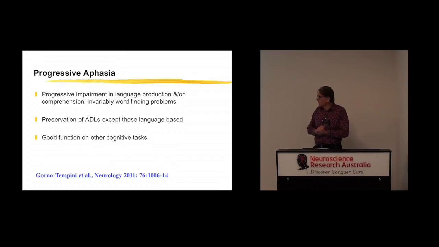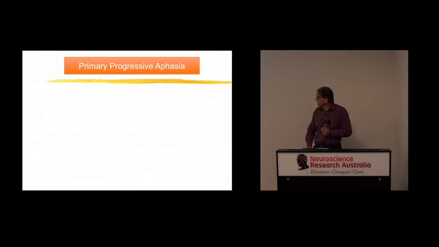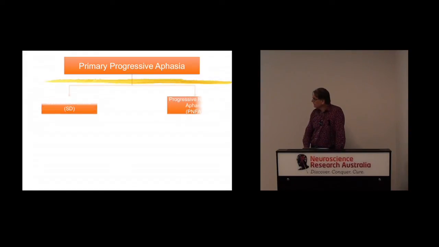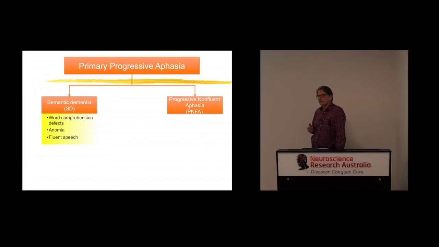So these are patients that present with progressive impairment in communication, invariably difficulty with words, who are functioning otherwise quite normally in everyday life and do well on general tests of cognition. Now, these patients traditionally have split into semantic dementia, which is characterized by severe problems understanding the meaning of words.